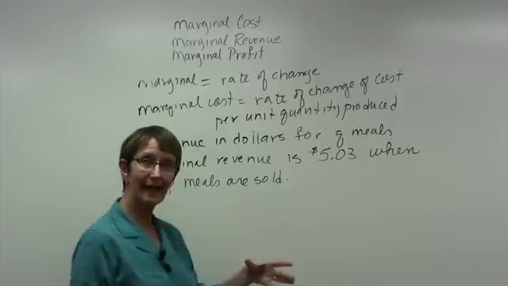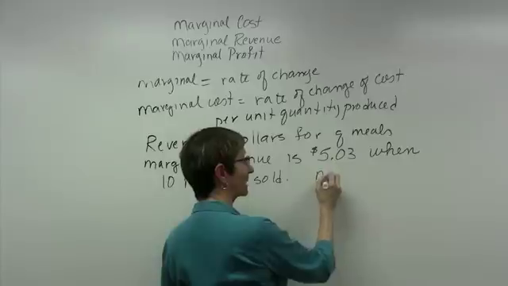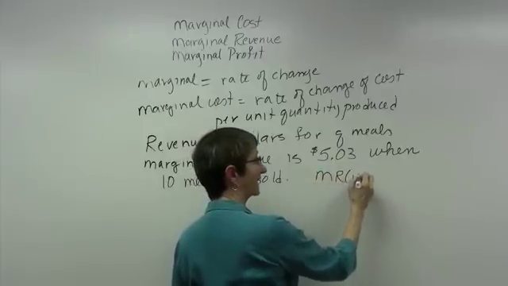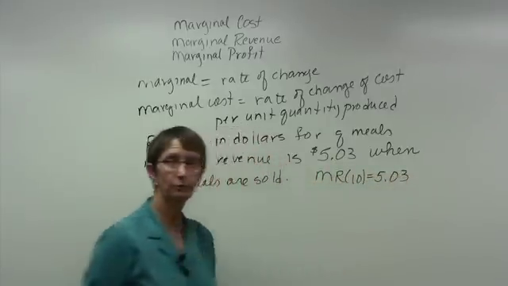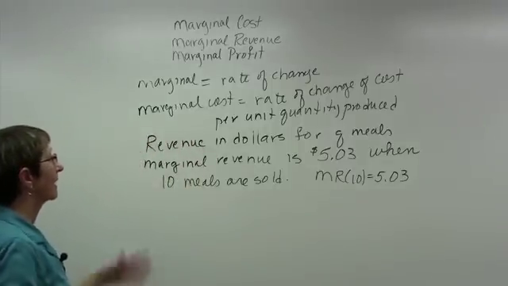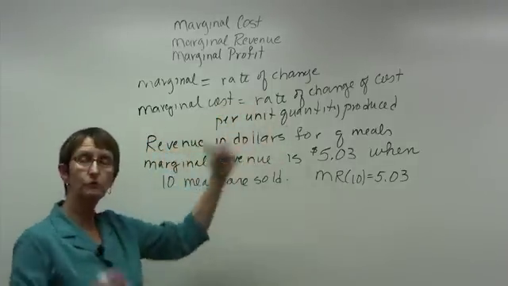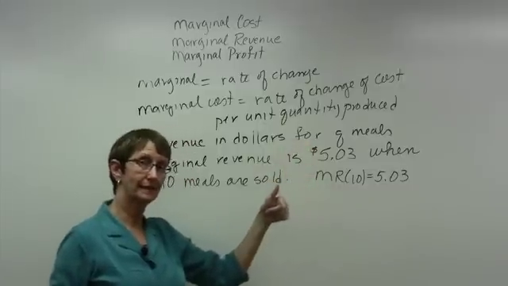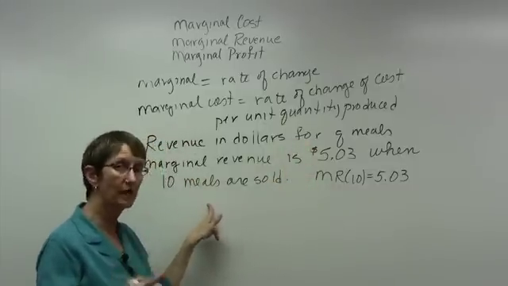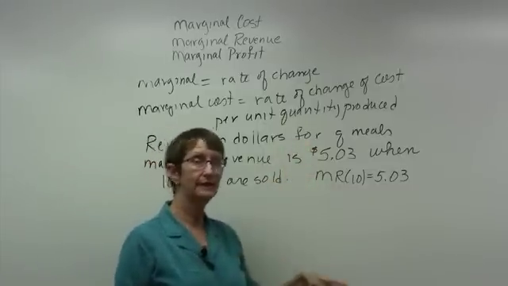So I can write that as MR of 10 equals 5.03. And that means the rate of change of revenue per unit quantity, which is one meal sold.